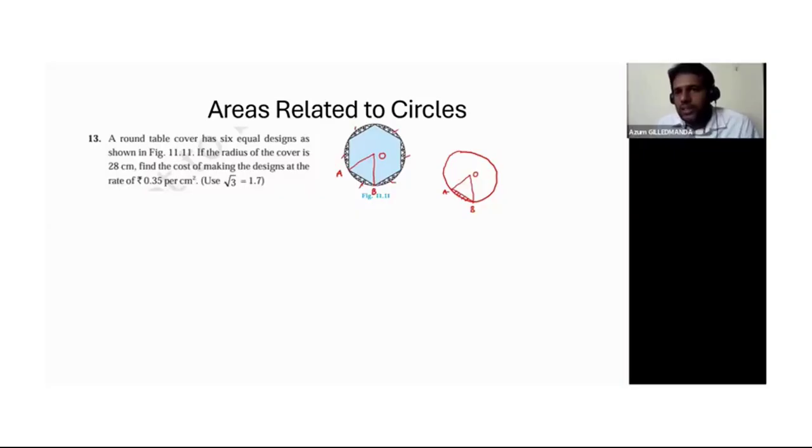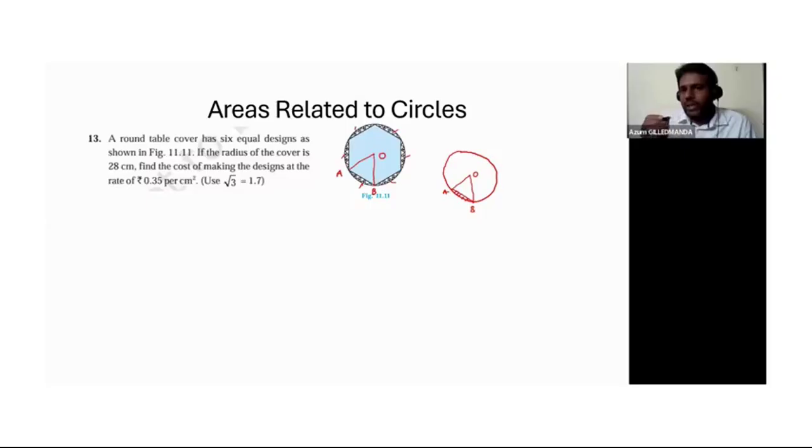Now, if I want this shaded area, that minor segment area, what I need to do, we learned, is the area of this sector minus the area of this triangle. Then I need to multiply that by 6, because I have 6 such designs, right? That's how I'm making this problem simple. So I took one segment and sector, and I'll find that minor segment area.